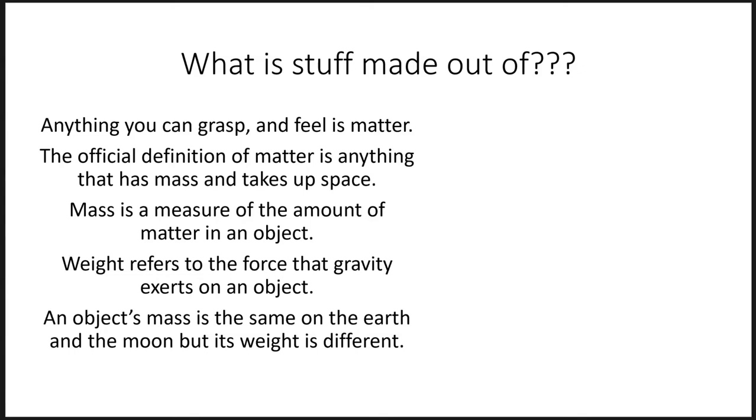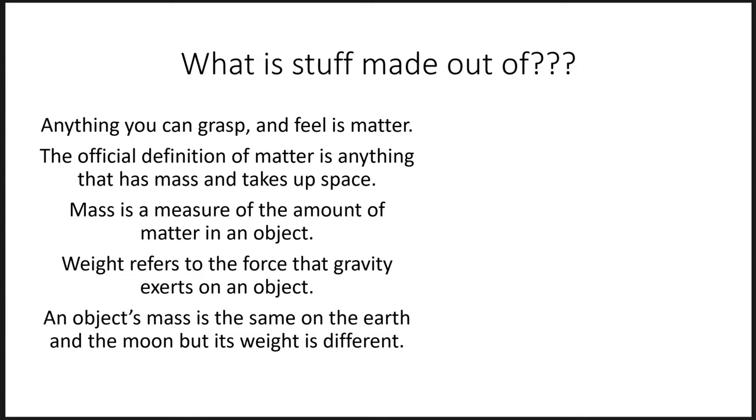So mass is what we measure matter in terms of. So gram, kilogram, milligram, microgram. We're talking really small masses. But it's some form of the gram. And what's important to know is mass is constant. So if you have a mass of 5 grams on Earth, you're going to have a mass of 5 grams in space.